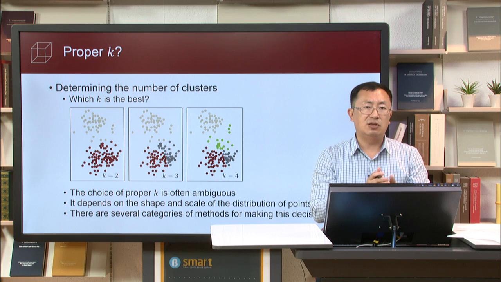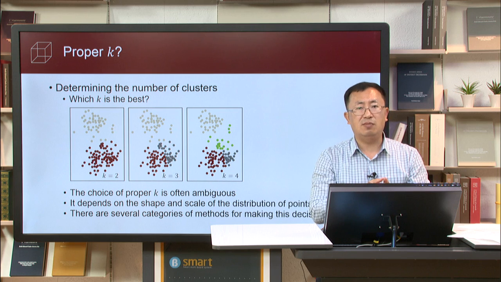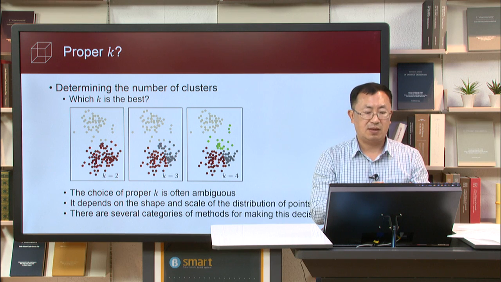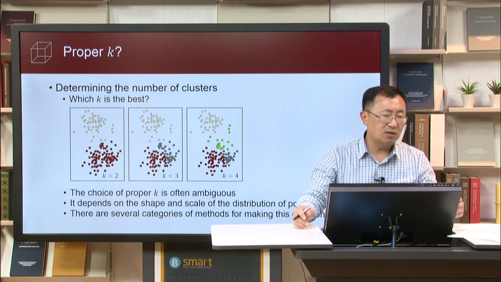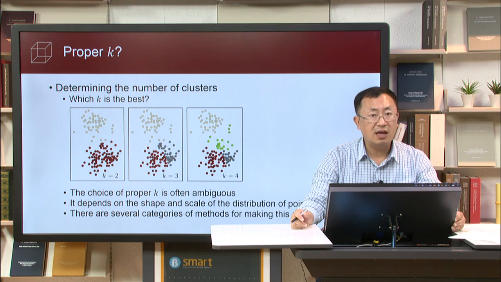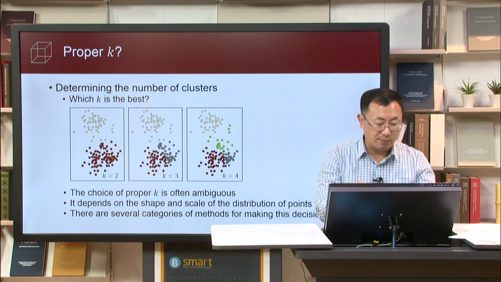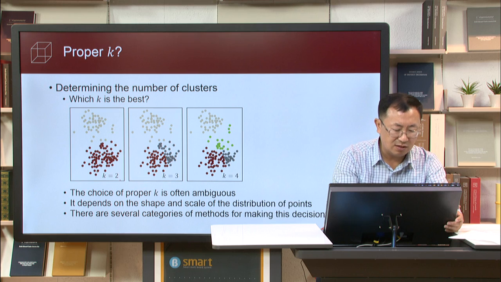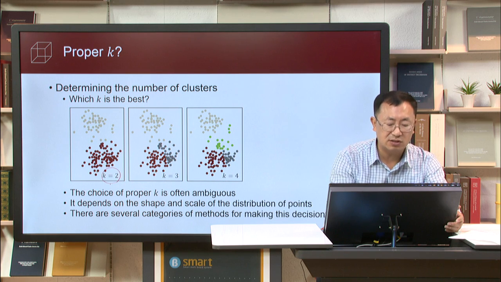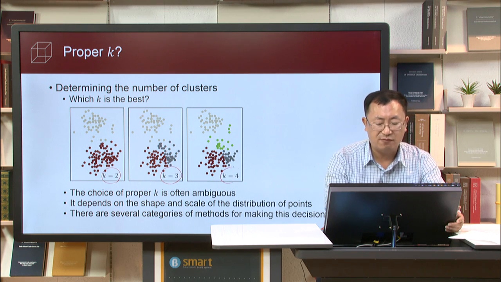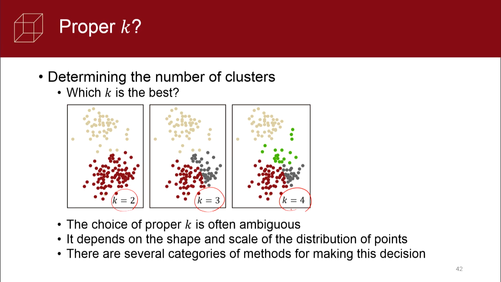One of the main issues in clustering algorithms is how to determine the number of clusters k. There is no right choice of k. Obviously, we can simply try different values of k. For example, we can try clustering with 2 clusters, 3 clusters, and 4 clusters, and then see what looks good.